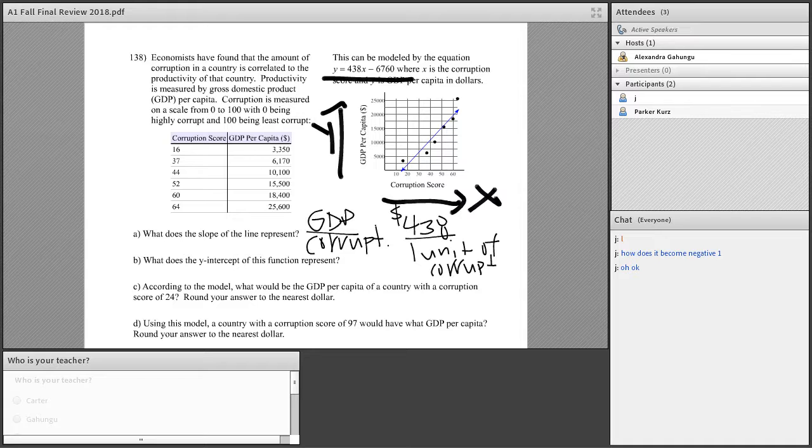And then the y-intercept is our GDP per capita at a score of 0. Which is not found here because we don't have a country that's on this scale. It's highly corrupt, I guess.